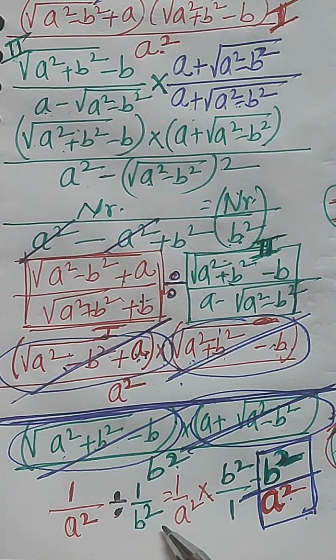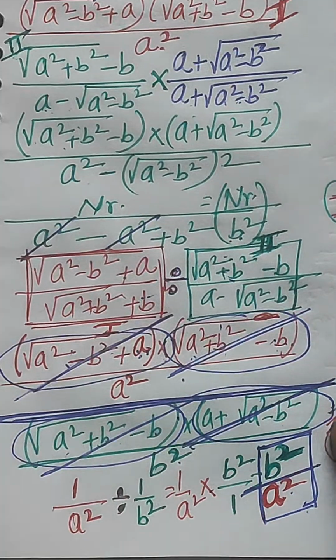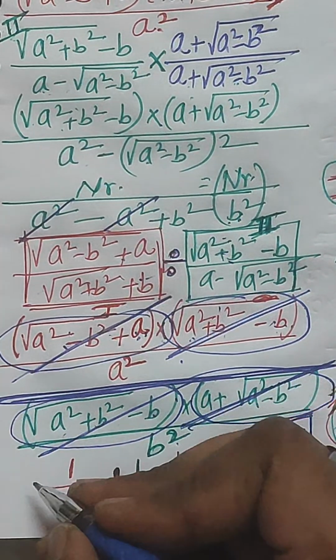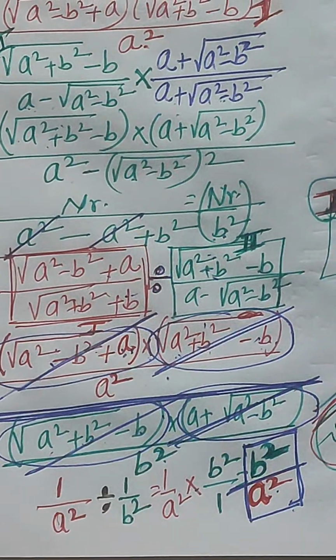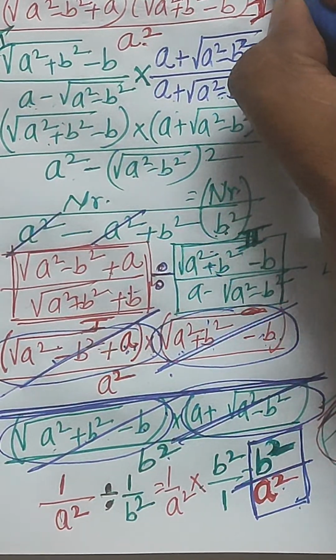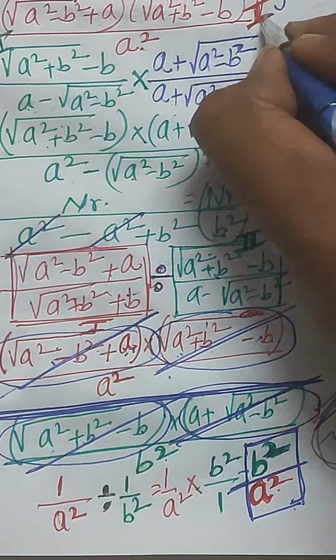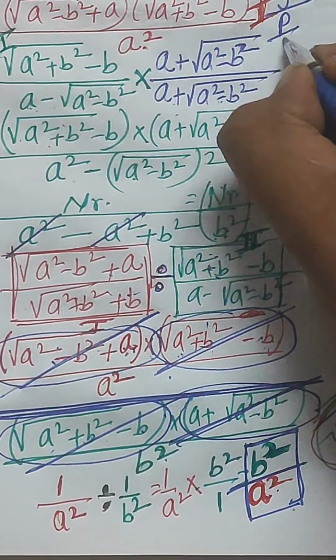If you are getting any confusion over here, let me explain it. Let me write it over here. x by y divided by p by q.